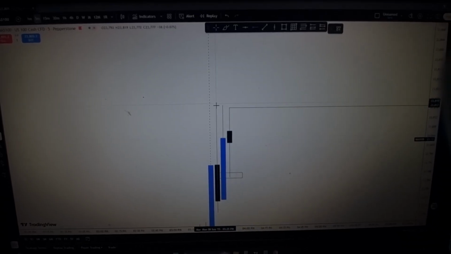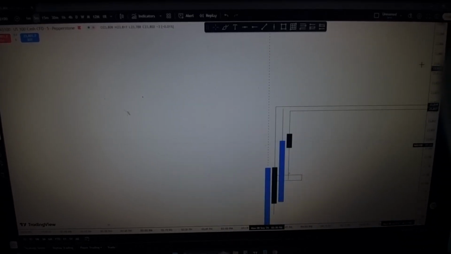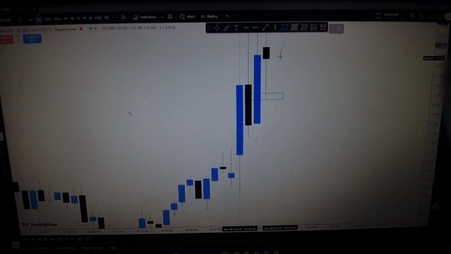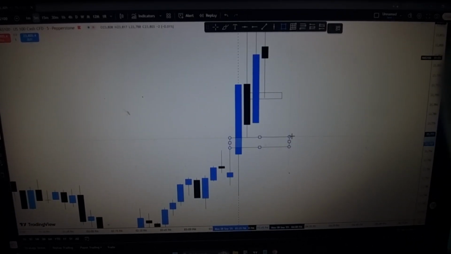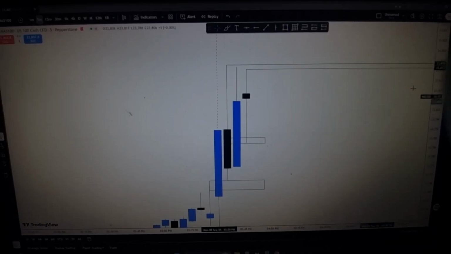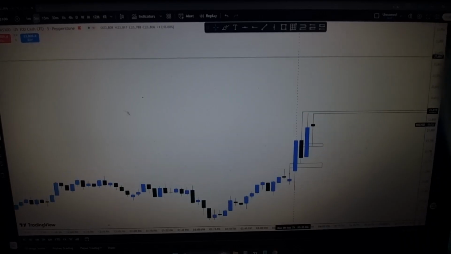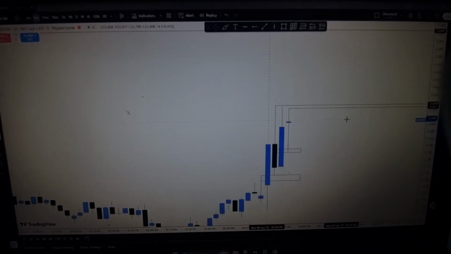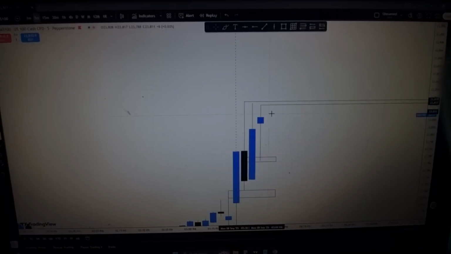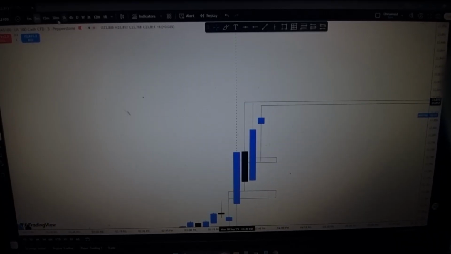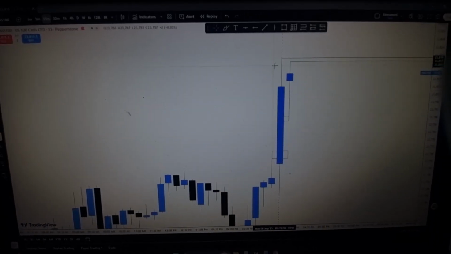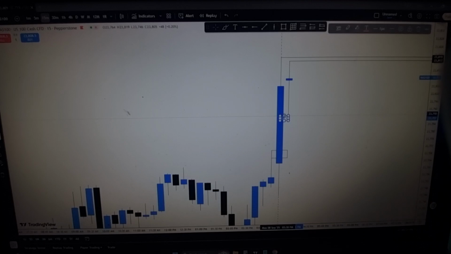So we do have this high that still has not been broken above. So let's see, and we do have this 5-minute fair value gap over here. Okay, we also have this 15 minutes.